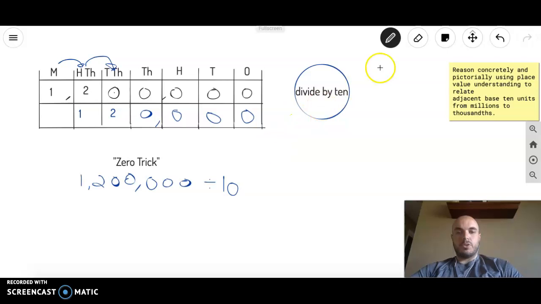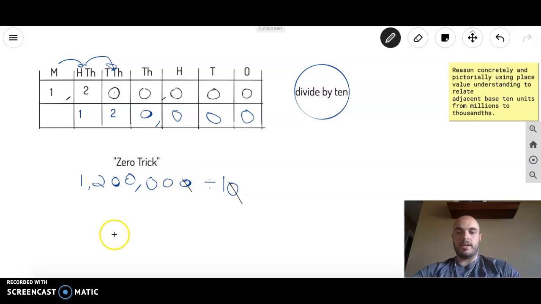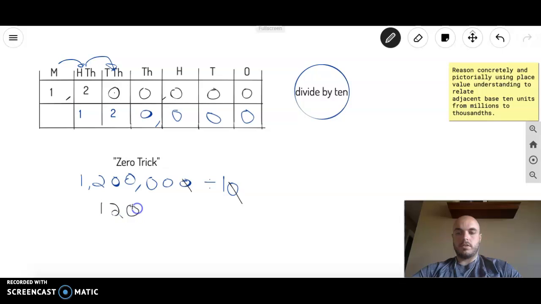If I'm dividing by 10, I'm just going to cross off the 0 that I have here and then cross off a 0 here. So then you rewrite it. 1, I need that comma there. Just like that. And same thing if you're multiplying. Multiplying would be the opposite. You'd be adding a 0 to it. Because again, division makes numbers smaller and multiplication makes numbers larger.